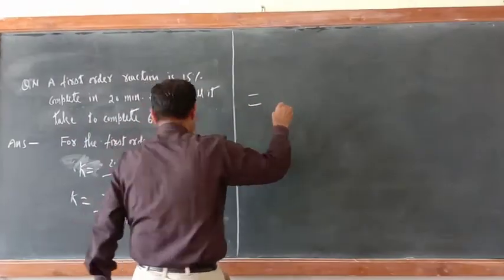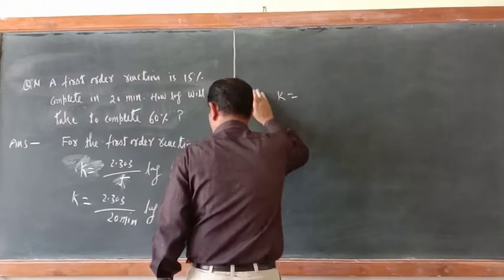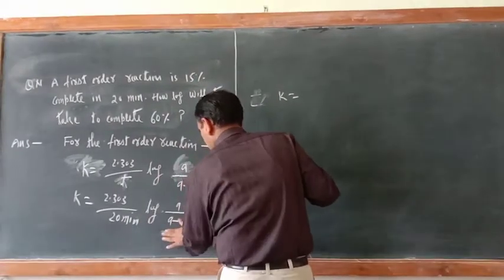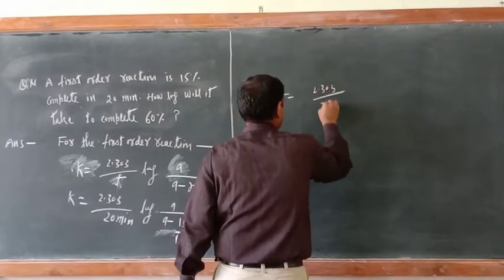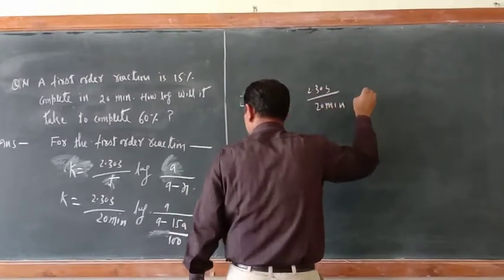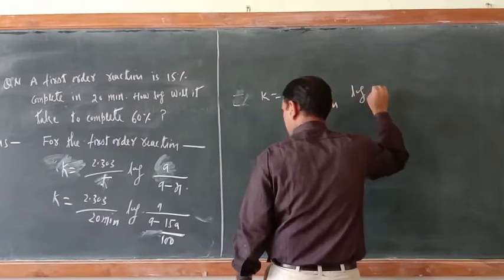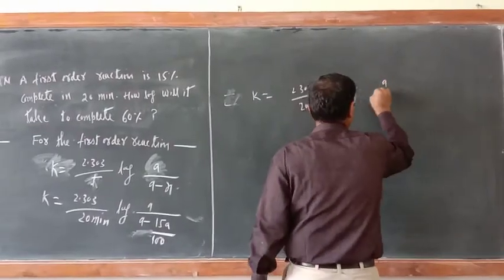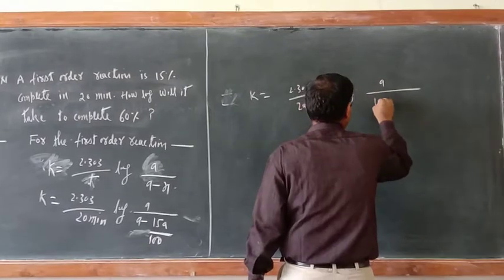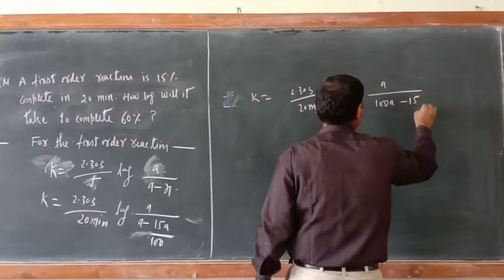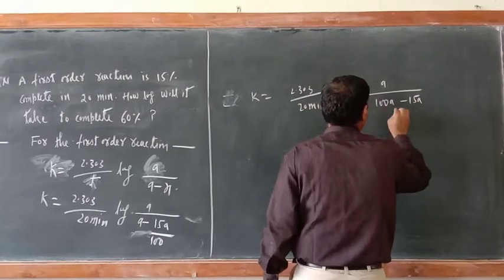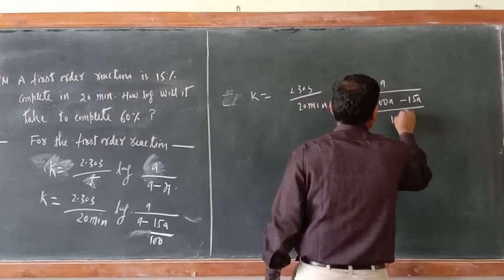K equal to 2.303 divided by 20 minutes. Here log, and here a divided by 100, a minus 15a divided by 100.